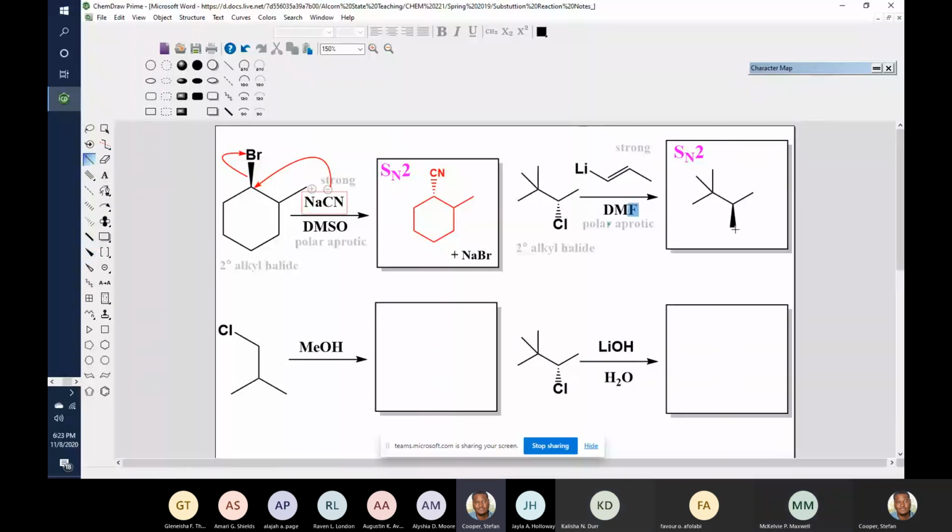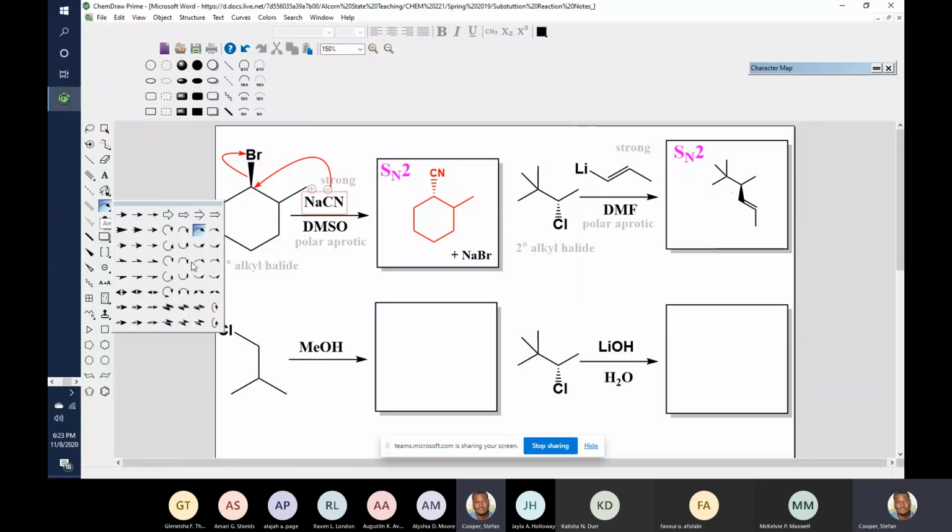So the trick here is that the nucleophile has to retain all of its features. If we look at this nucleophile here, the lithium and that methyl are trans to each other. So make sure you draw those two things trans.